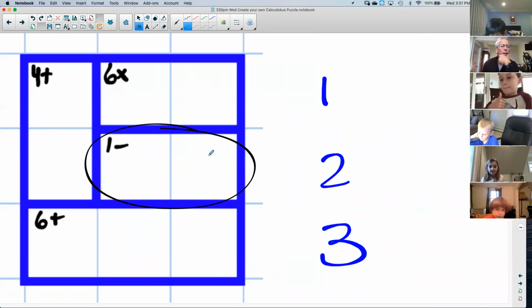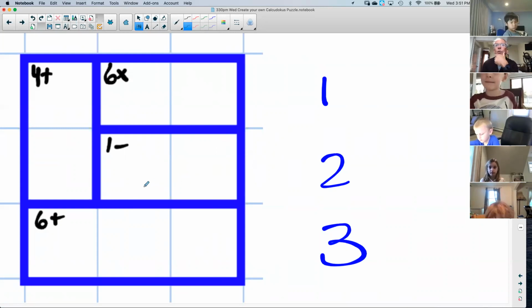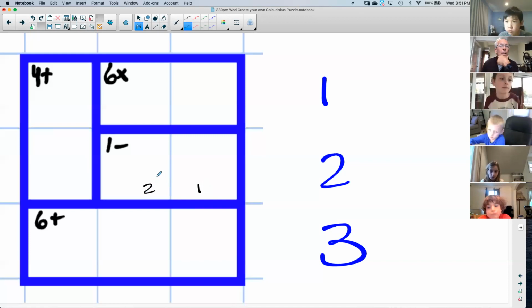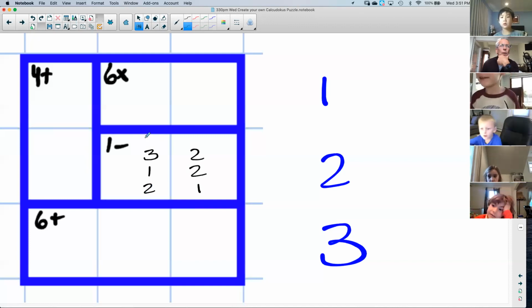Go ahead, Jeremy. 2, 1, and 3, and 2. You can put a 2 and a 1, or a 1 and a 2. You could put a 3 and a 2, or a 4 and a 3. There's no 4. A 2 and a 3.